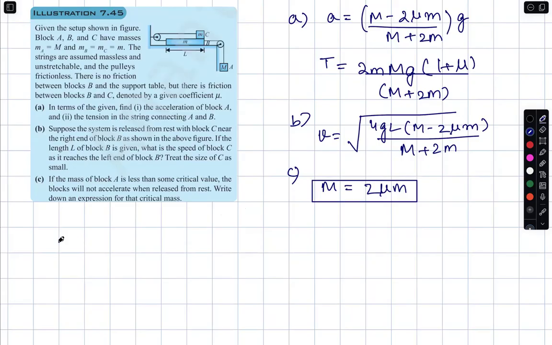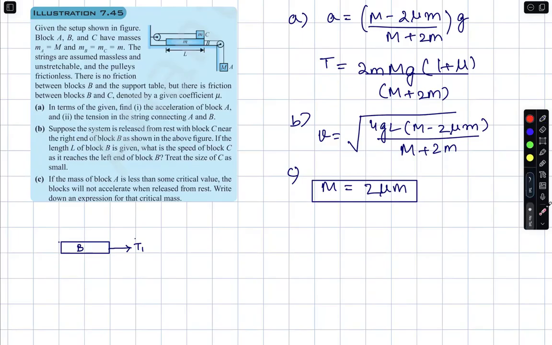Now, what is this? Block B. What are the different forces on this? Tension force T1. Can I ask a question?